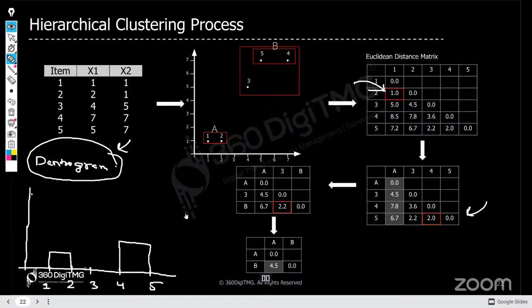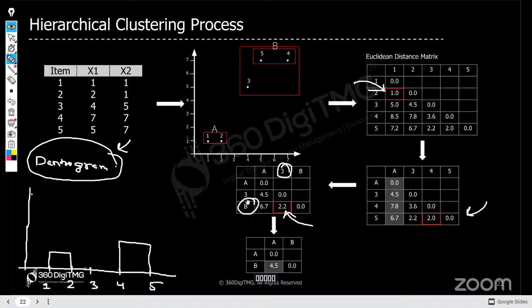Now once it's done, again we will find the distance between 3 and the cluster of 4 and 5. Here we are trying to find which two data points or clusters of data points are nearest to each other. So we understand that 3 and that cluster are the nearest.